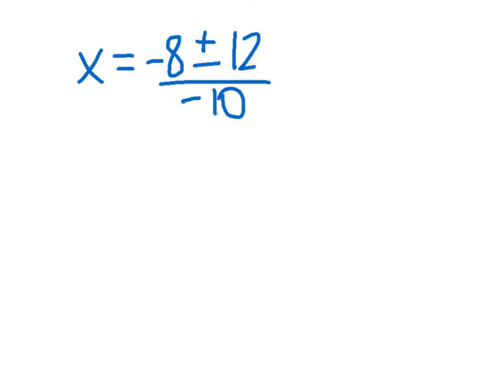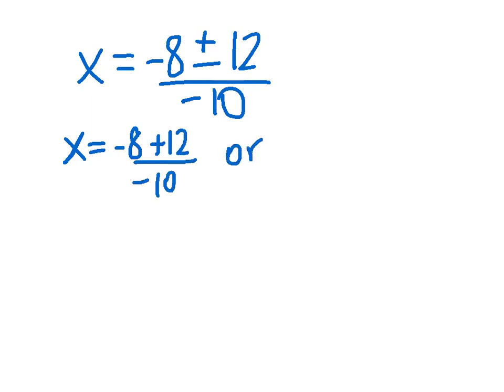Okay, so here's where I left off. We've got negative 8 plus or minus 12 divided by negative 10. So that gives me negative 8 plus 12 divided by negative 10, or x could be, and really we're solving for t, I should have used t instead of x, negative 8 minus 12 divided by negative 10.